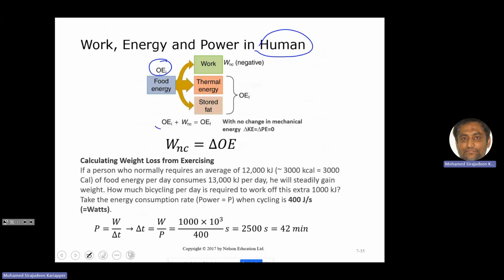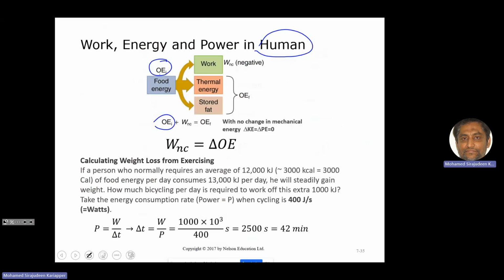And suppose you take a food which gives a calorie amount of say 100 calories, you can convert it into joules. Calorie is another unit for measuring energy. It is not the SI unit, but there's a conversion factor. You can convert the calorie into joules as well.